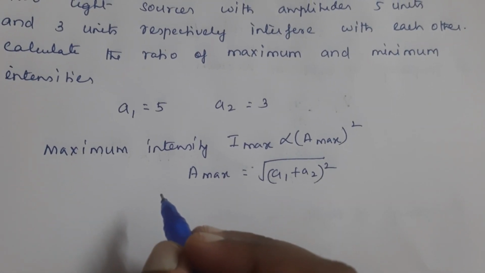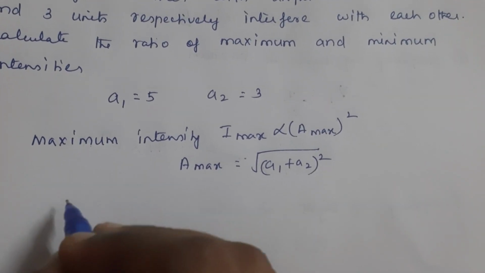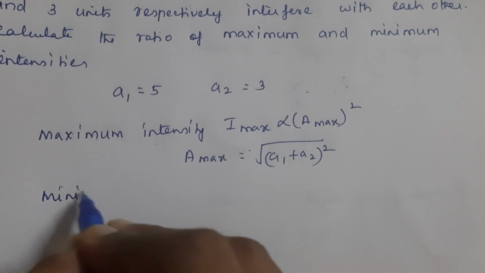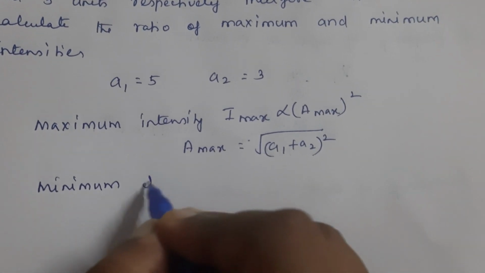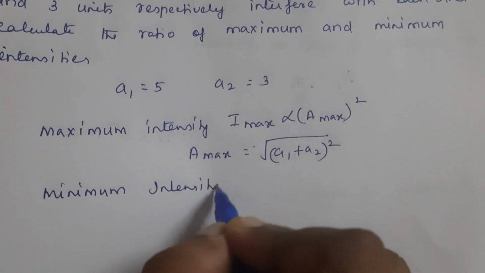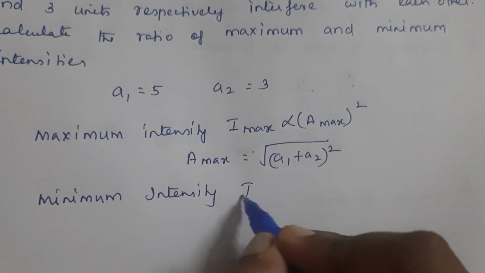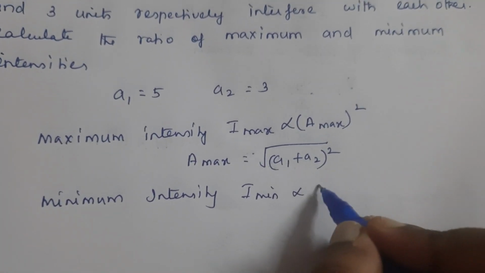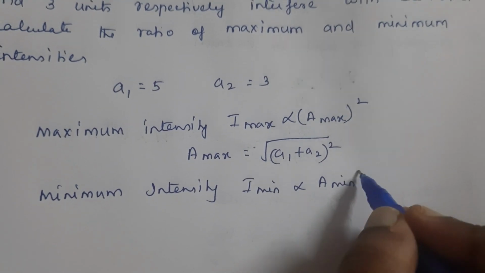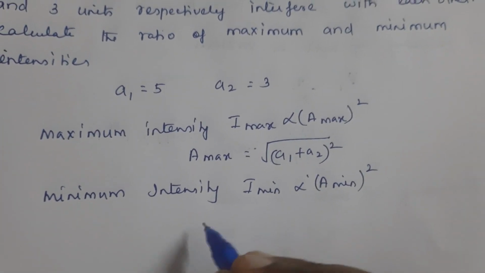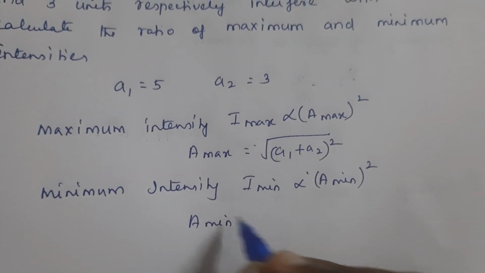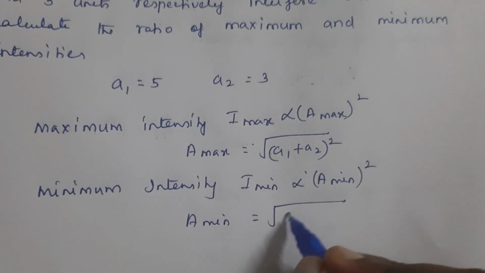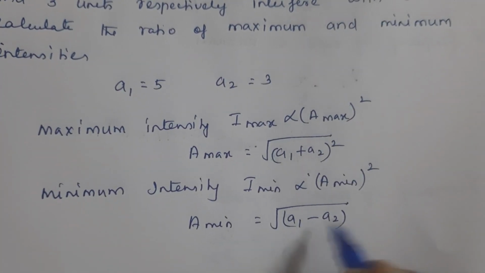Okay. Similarly, minimum intensity. I minimum is proportional to A minimum the whole square. So what is A minimum? A minimum is equal to A1 minus A2, the whole square.